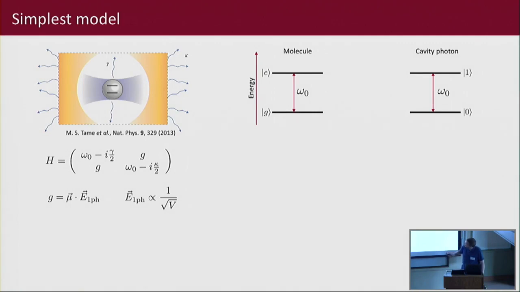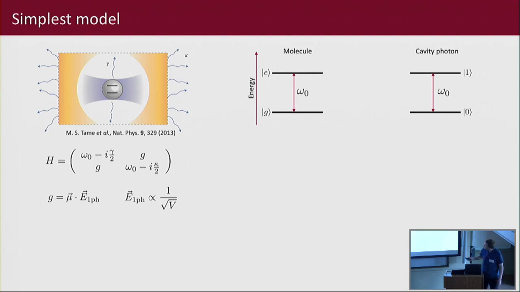So if I look at the simplest model of some kind of molecule inside a cavity, and for now I assume it's a two-level system, we're going to relax that later, of course, and I say, okay, this is a molecule with some excitation energy, and then the photon energy of the cavity is the same. I can write down as the simplest model a 2x2 Hamiltonian, which is just the coupling between the dipole that the molecule has in the transition between the excited and the ground state, and the cavity photon.